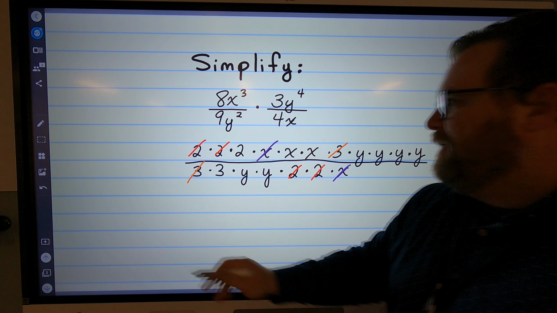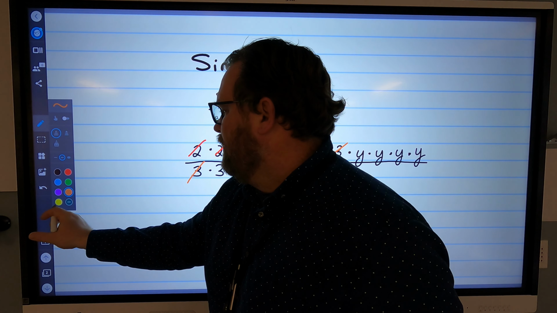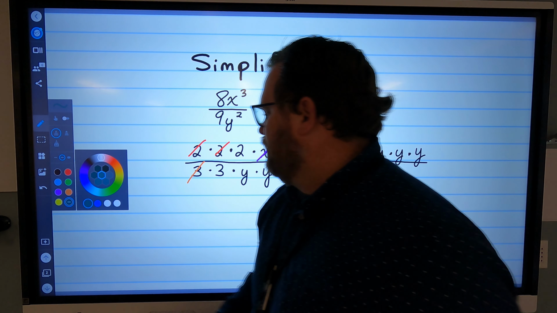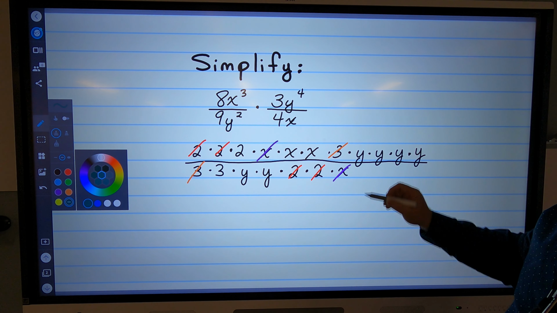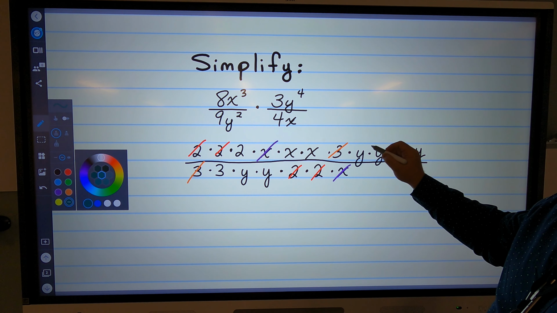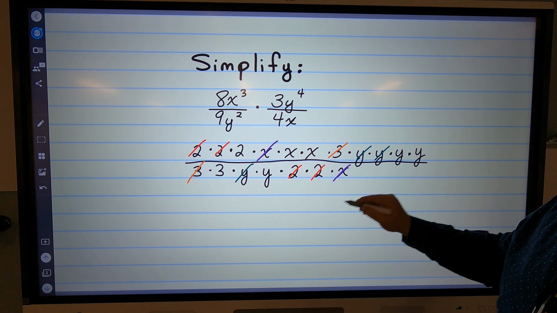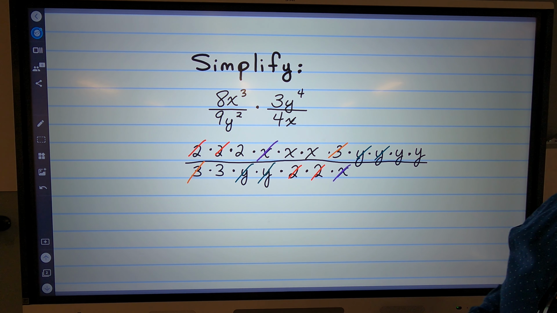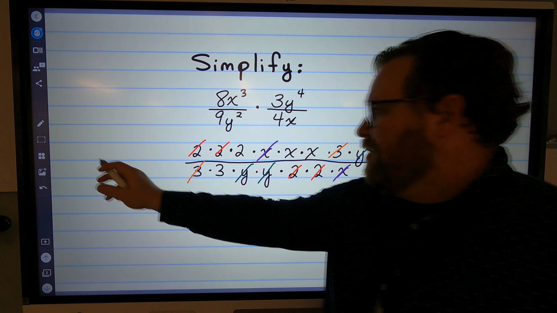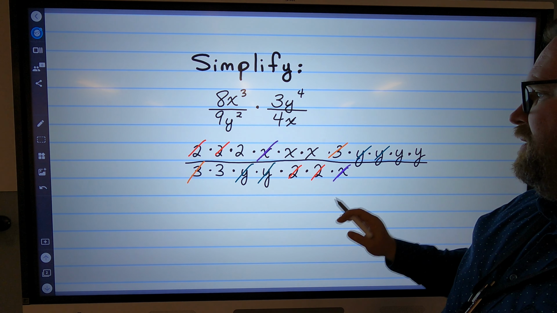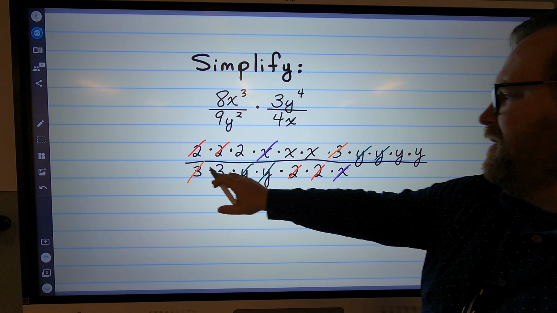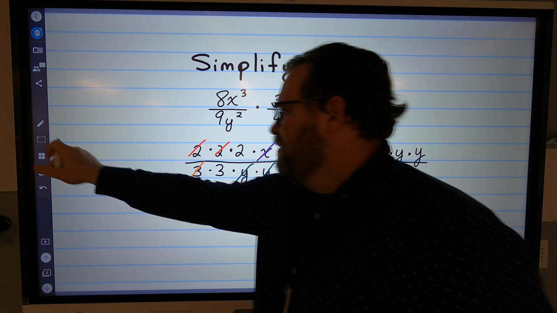And then after that, let's go with this color. I've got a y here and a y there, and then a y here and a y there. Okay, so we have more y's, no y's down here.